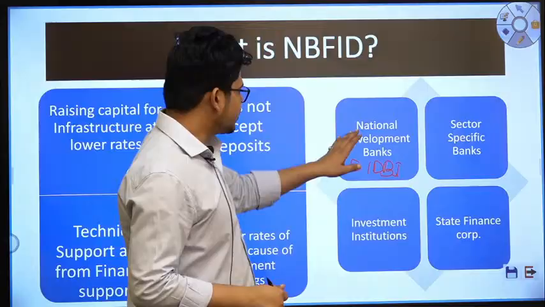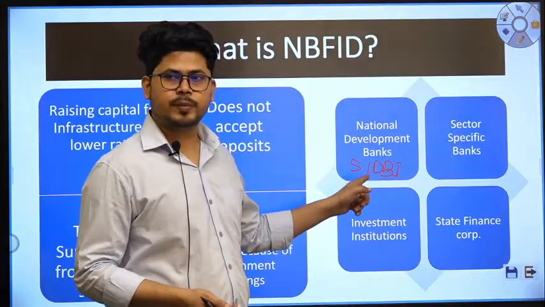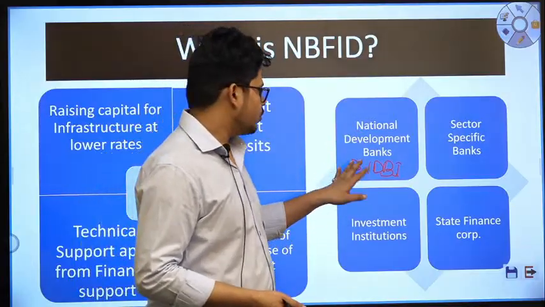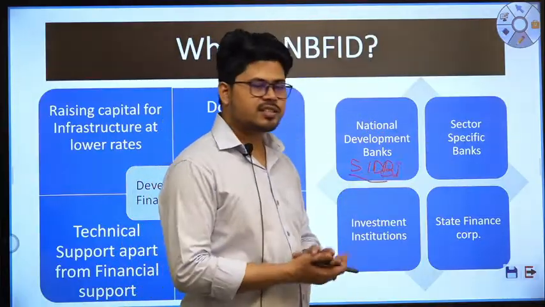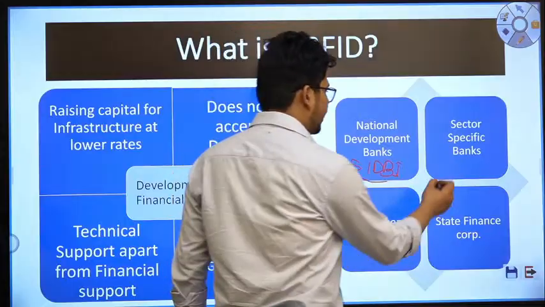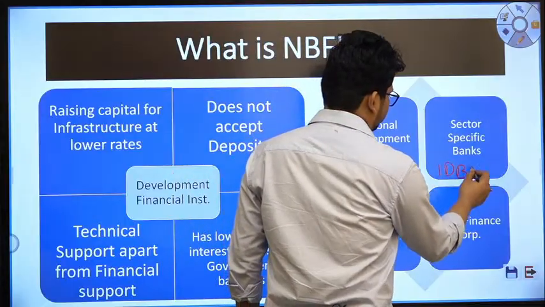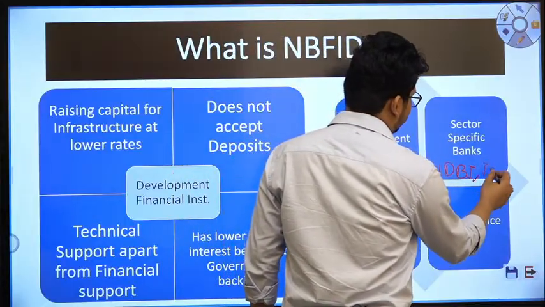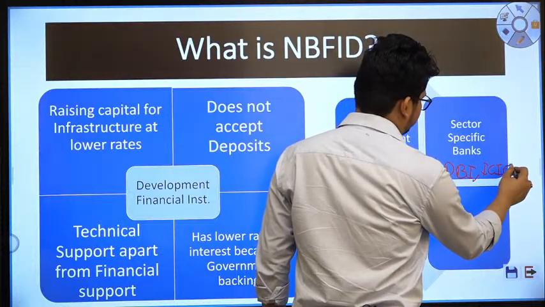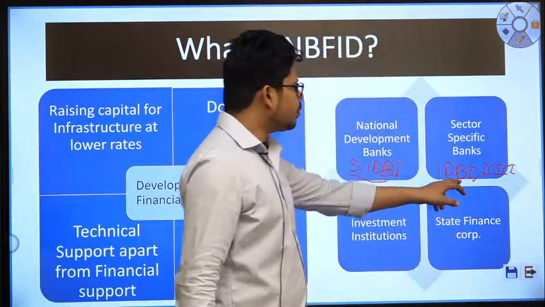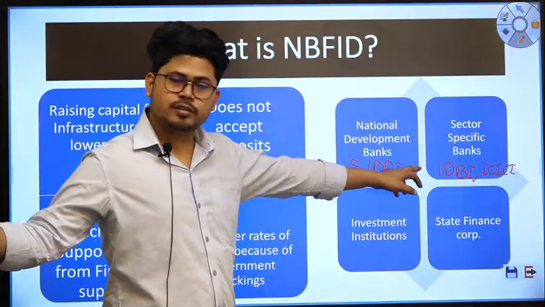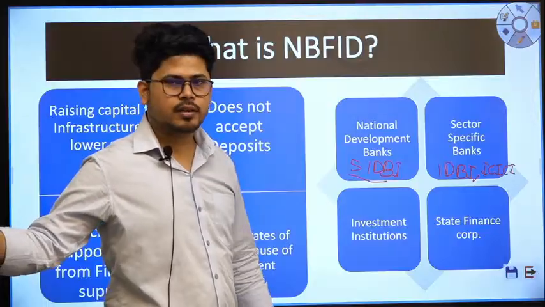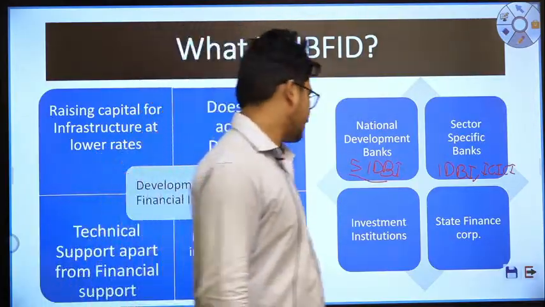The first one is National Development Bank, an example is SIDBI. The second is Sector Specific Bank, IDBI or ICICI. Industrial Development Bank of India. This is Small Industries Development Bank. This is Industrial Development Bank. It is sector specific. Okay.